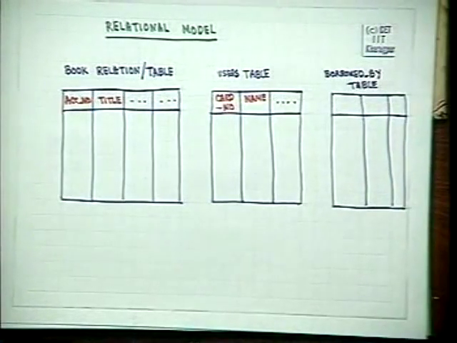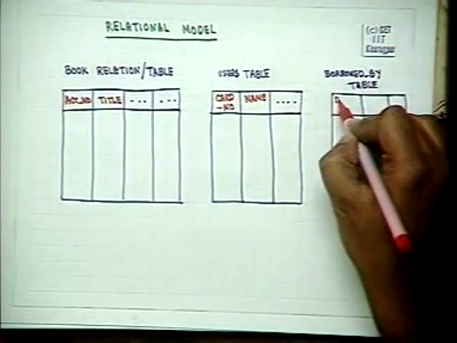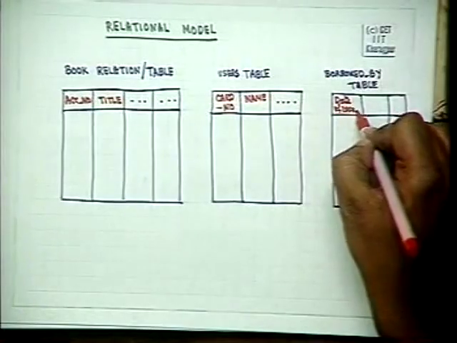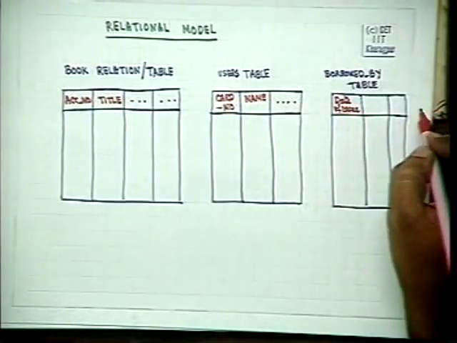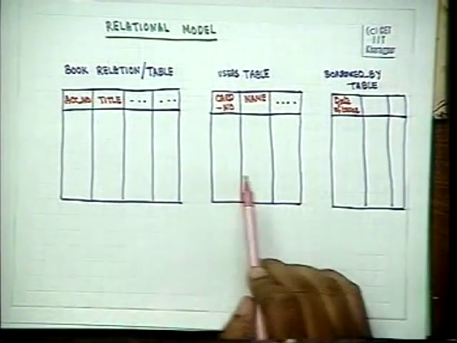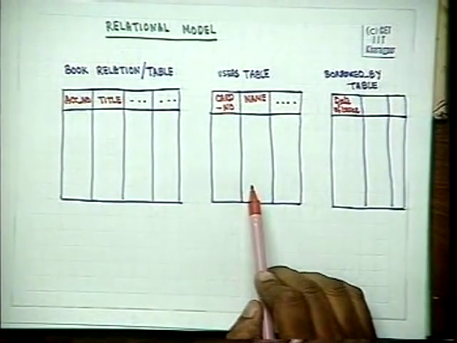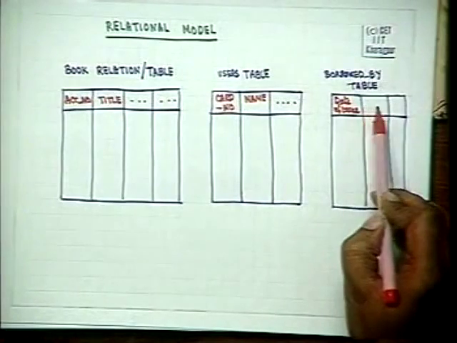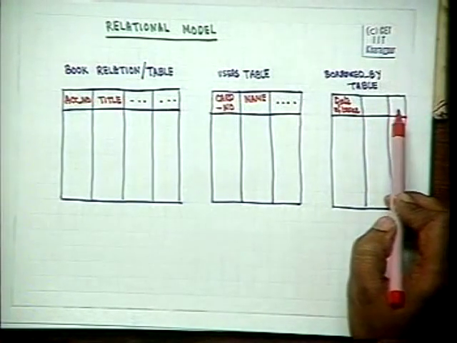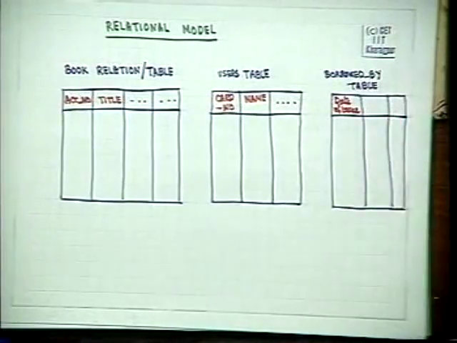In the borrowed by table, obviously one of the fields will be date of issue. The other fields will be the interrelationship between the book table and the user table. So, you can put in all the attributes of the book table and all the attributes of the user table here, but you can also define something else.